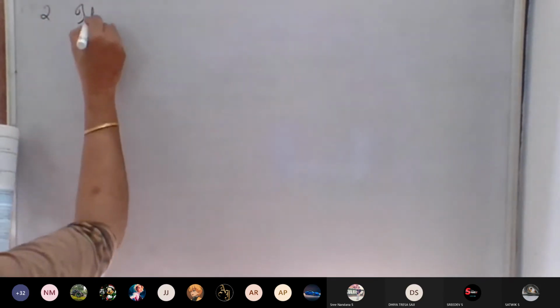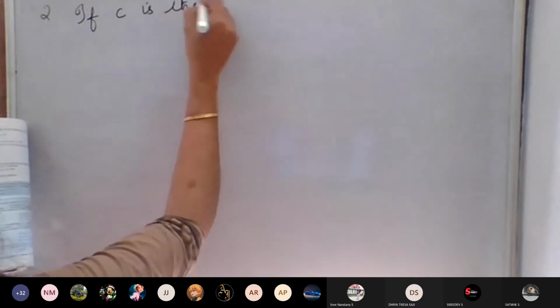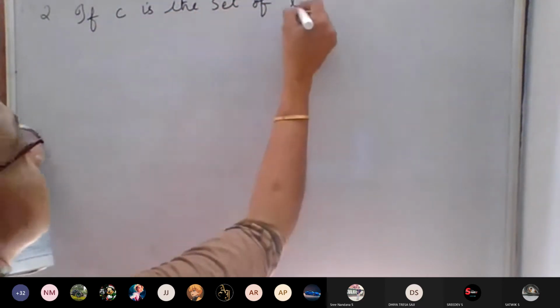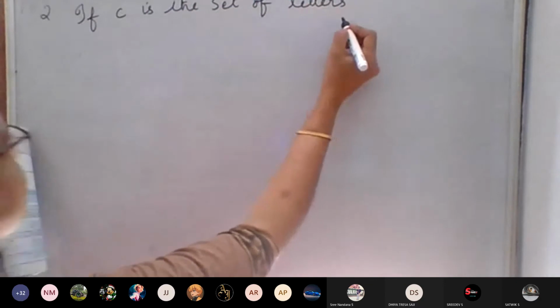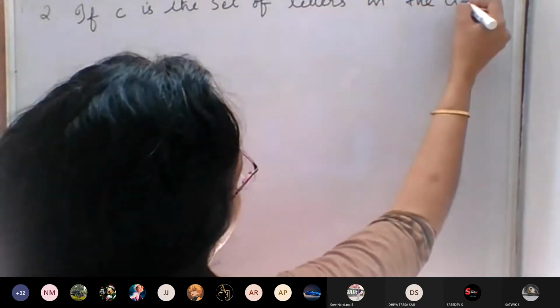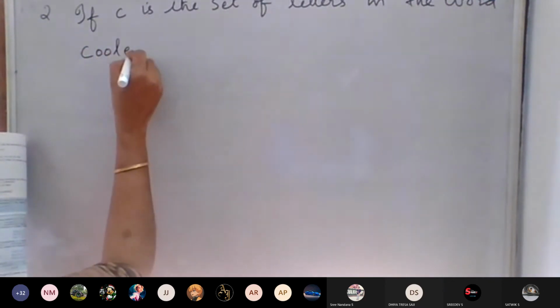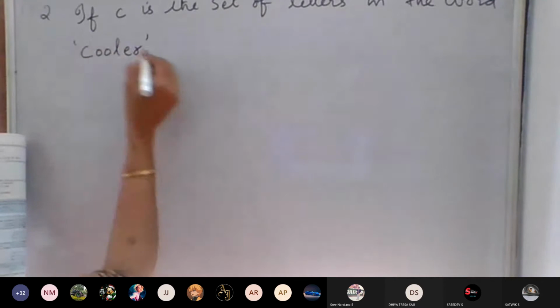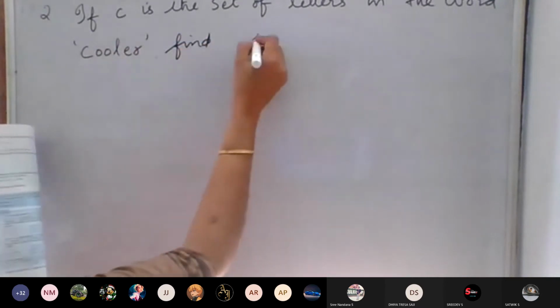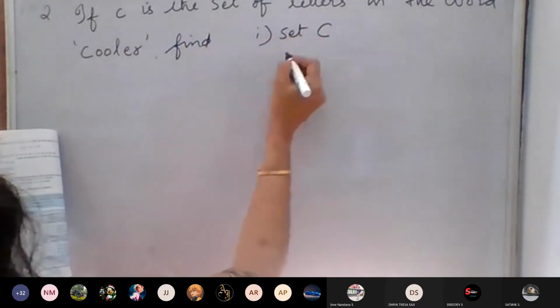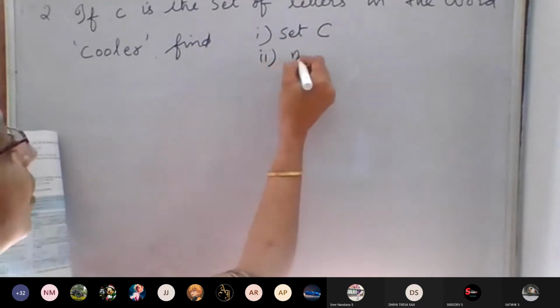Second: if C is the set of letters in the word COOLER, find first the set C, then we have to find N of C.